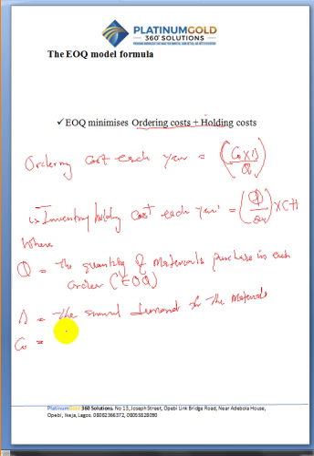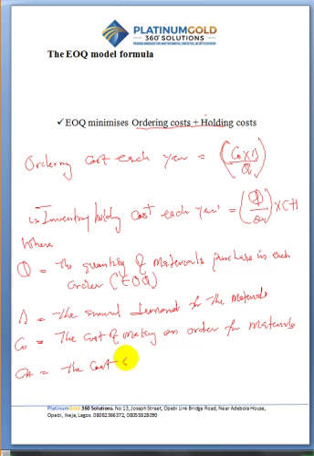CO is the cost of making an order for materials, where CH is the cost of holding 1 unit of material in store for 1 year.